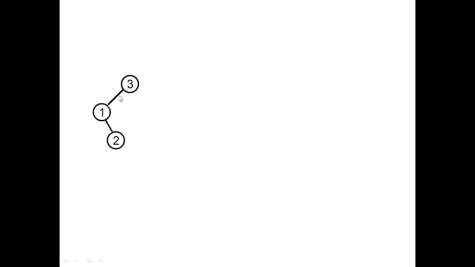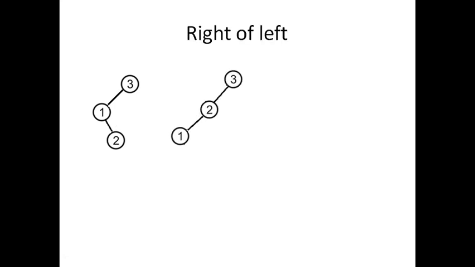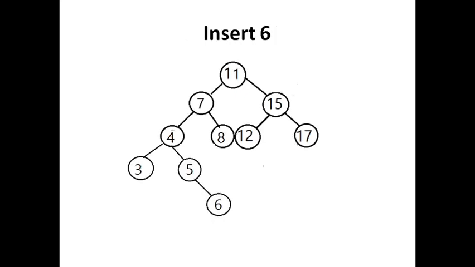The first step is to make it left of left, which will become 3 2 1, and now rotate towards the right. So 2, 3 2 1 3. This is the simplest example for us to understand the left of right problem and the right of left problem with the solution. Now we can try some bigger examples.